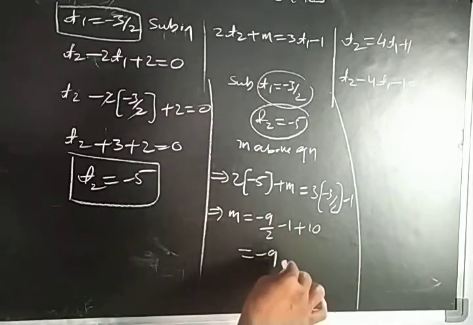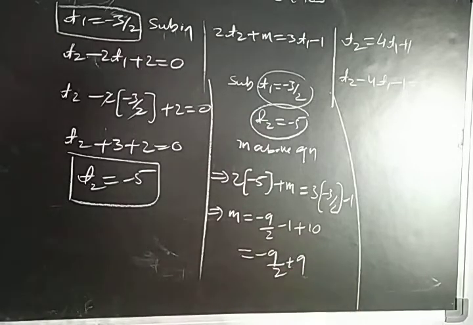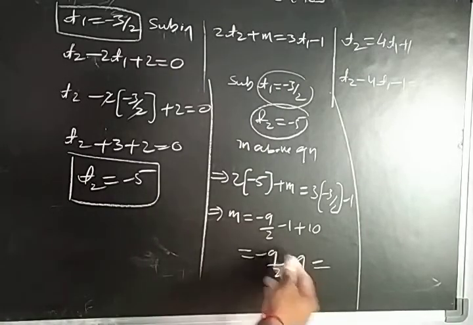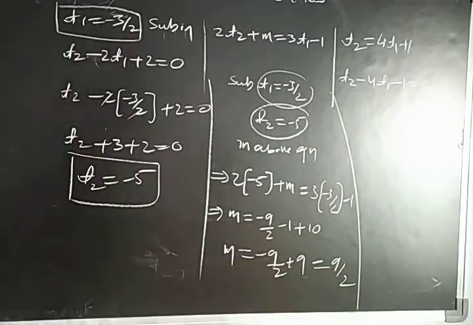Minus 9 by 2 plus 9, that is 18 minus 9 by 2, 9 by 2. So what is the m value? The m value is 9 by 2.